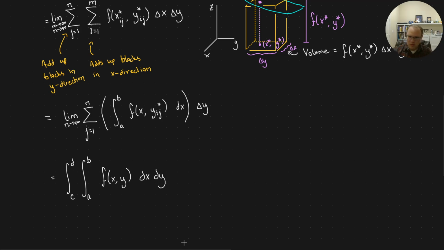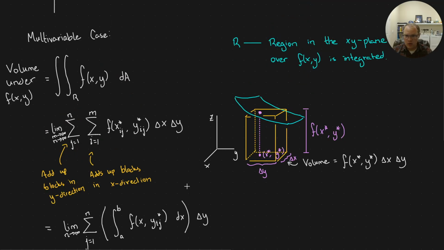And then once we're done with that, we do another integral. Now we integrate whatever this result is with respect to the variable y from c to d. So instead of doing it all at once, we're breaking it into more manageable chunks, integrating one variable at a time.